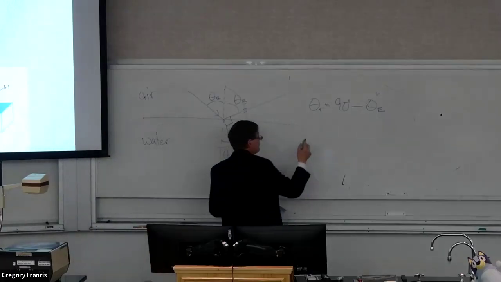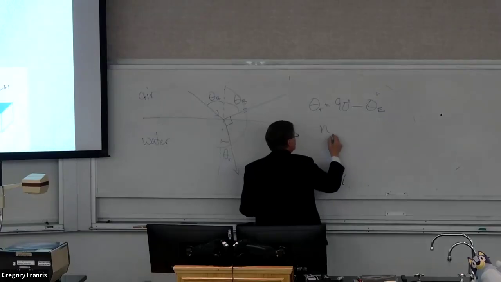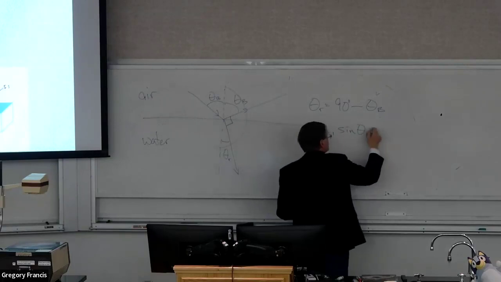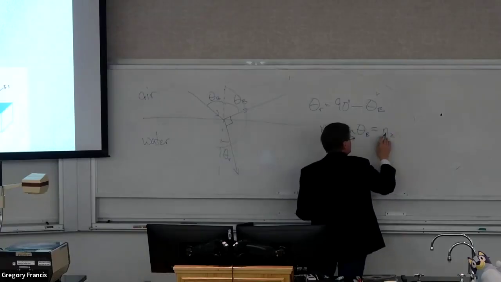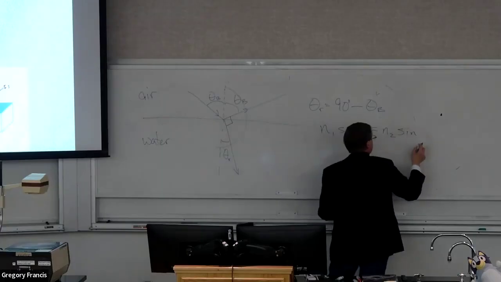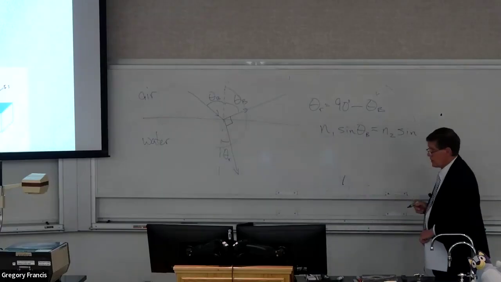So now if I use Snell's law, the n in the first medium times the sine of that Brewster angle is going to equal the n in the second medium, that's water, times the sine of the refracted angle in the water.